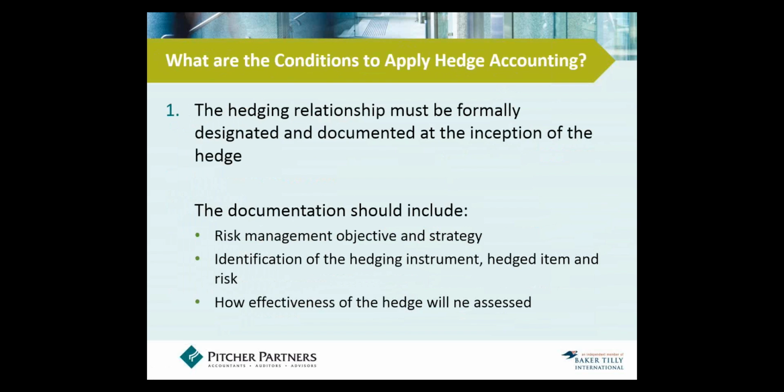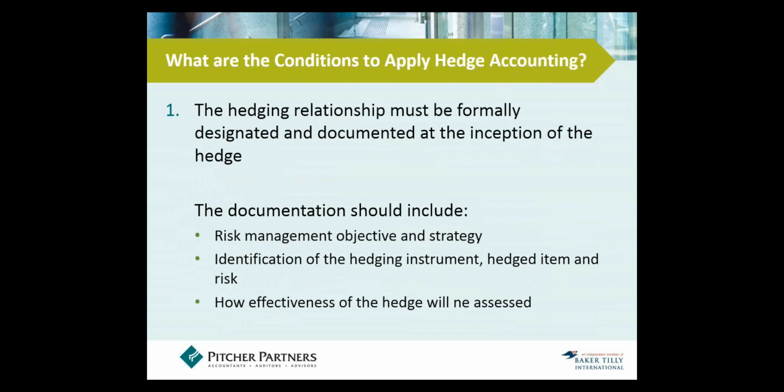So the first thing is that the hedging relationship must be formally designated and documented at the inception of the hedge. So we have to say this is the relationship, this is the hedged item, this is the derivative. We document all of that, and the documentation should include a number of things, but key things is what would be the risk management objective and strategy.